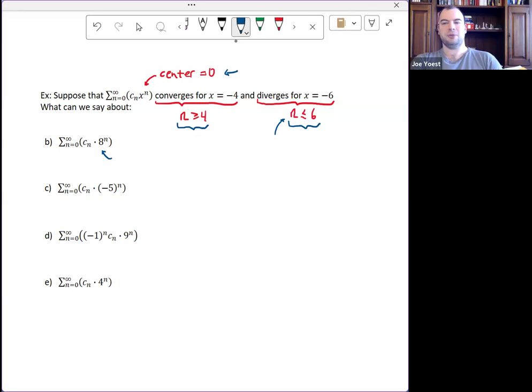If it converged, I would need a radius of convergence of at least 8, but I know that the radius of convergence has to be at most 6. This must diverge. My radius of convergence is at most 6. We would need a radius of convergence of at least 8 in order for this to converge. So no, it can't converge.